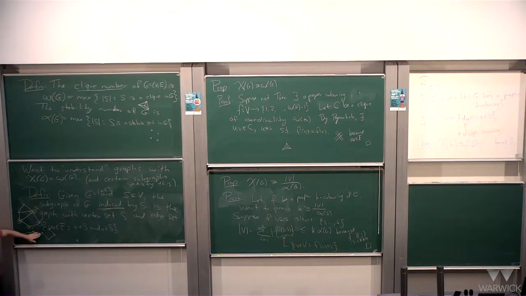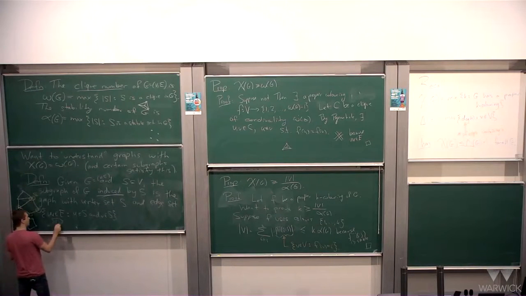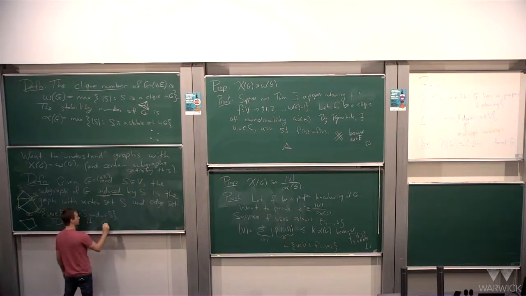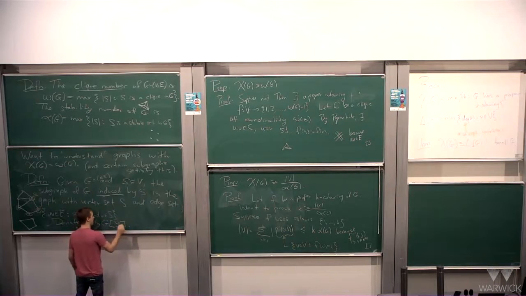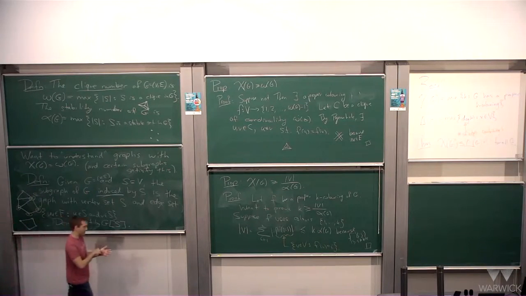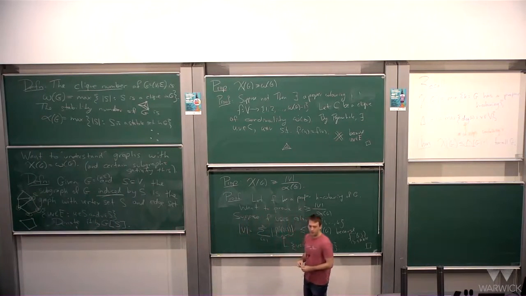But anyway, I haven't really spoken much about subgraphs in general, so perhaps that won't lead to any confusion. We denote this induced subgraph by G square brackets S. So G[S] is a graph with vertex set S, where the edges are the edges within S which appear in G. Any questions about that definition?